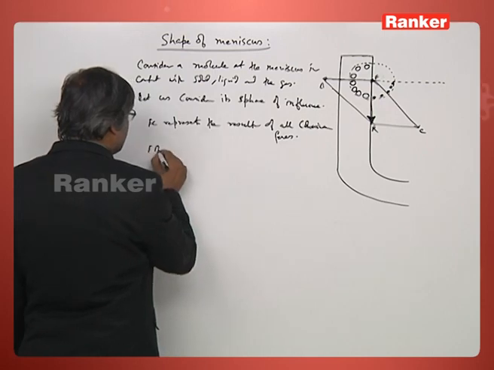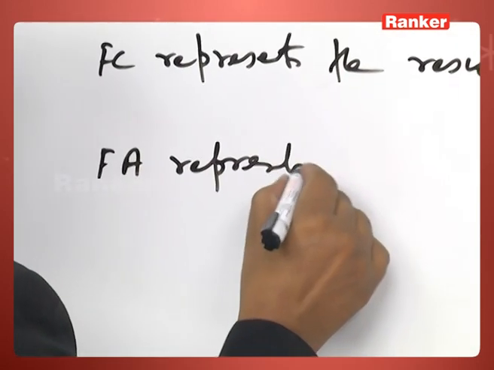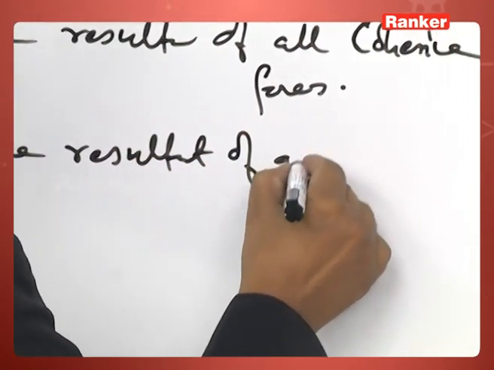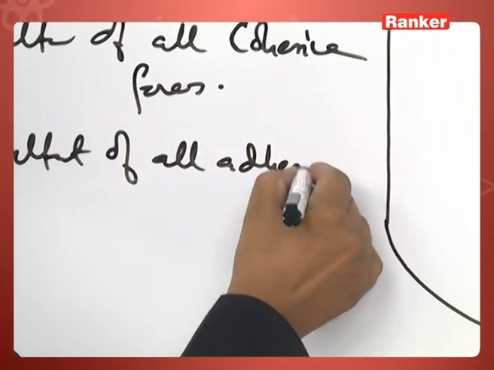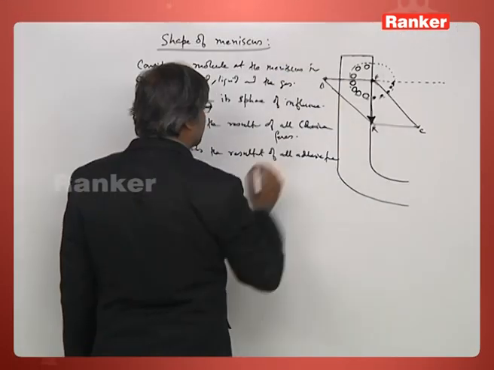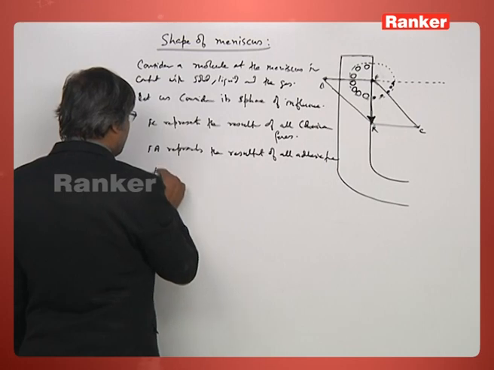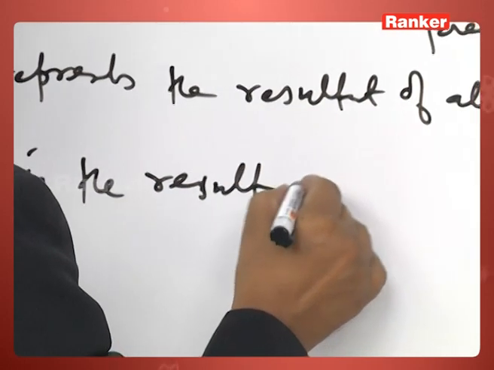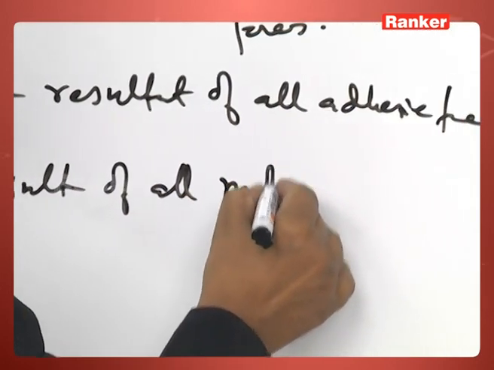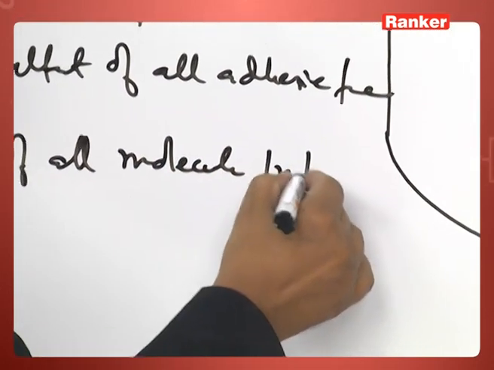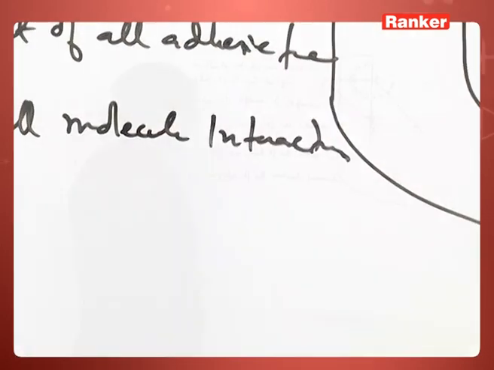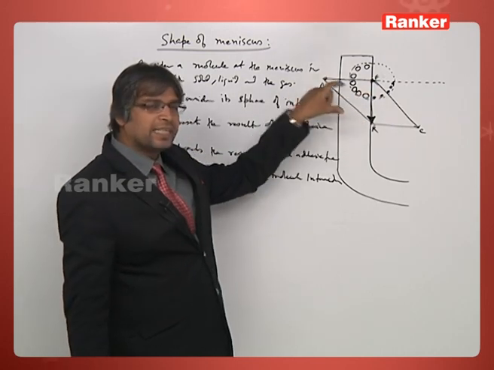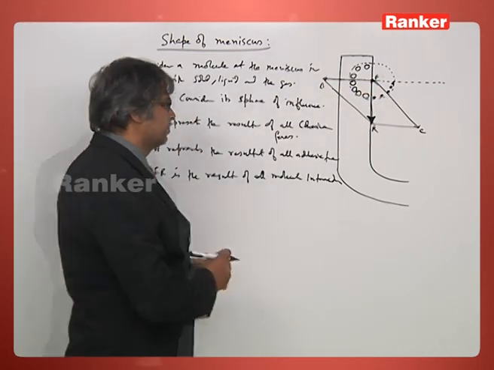FA represents the resultant of all adhesive forces acting on that point. FR is the resultant of all molecular interaction. So FR is more important, it tells us the shape of the meniscus.